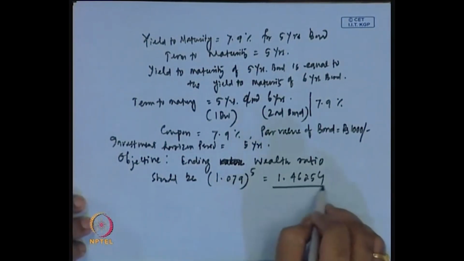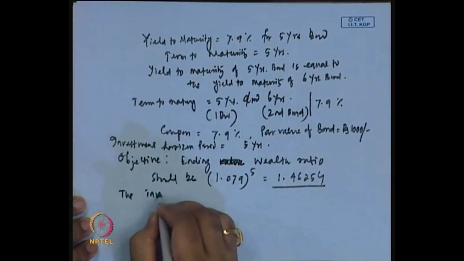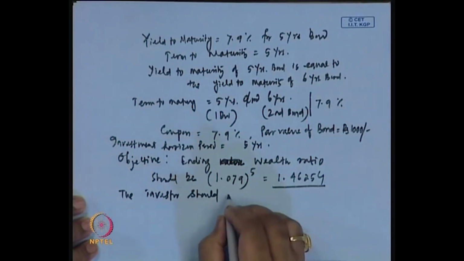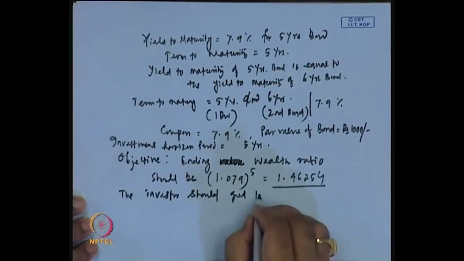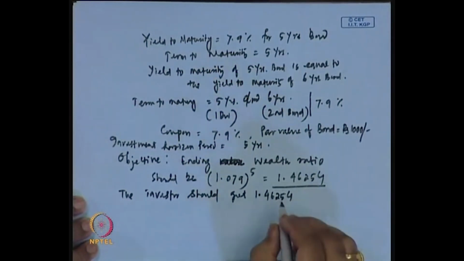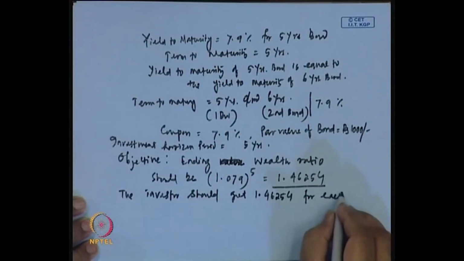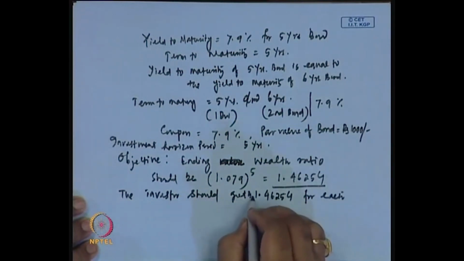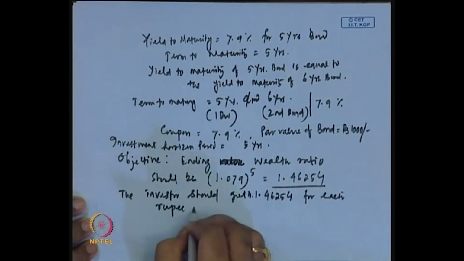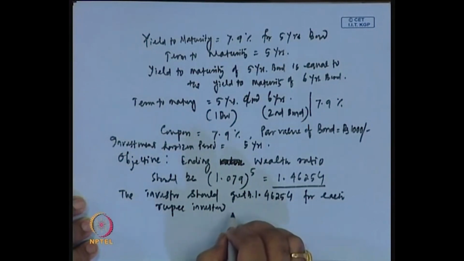What does it imply? It implies the investor should get 1.46254 rupees for each rupee invested in the bond.